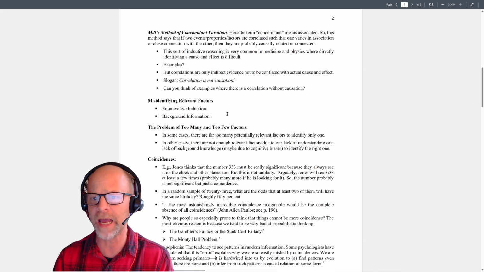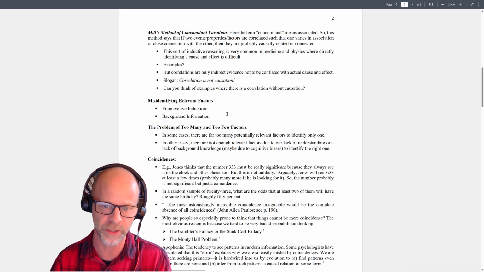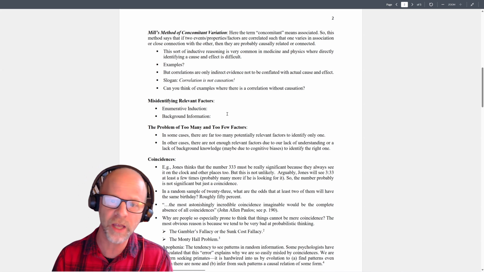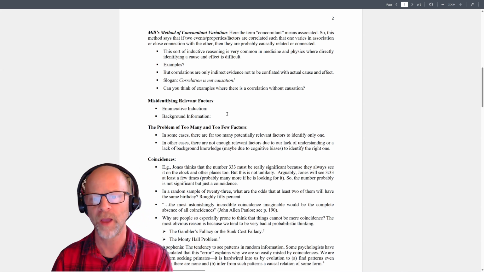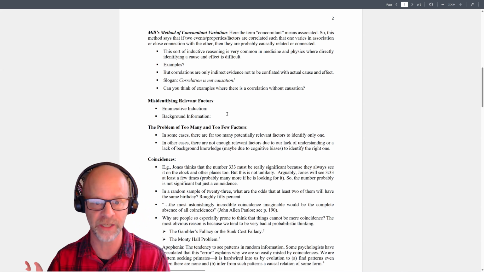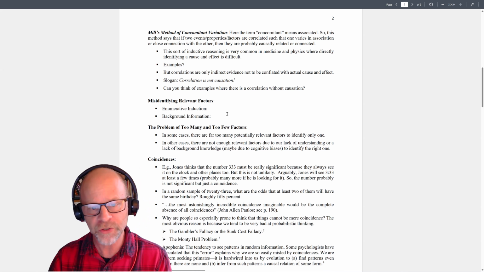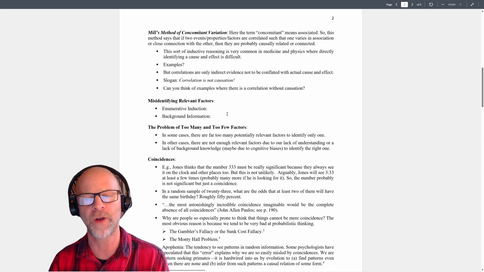In fact, this does happen with analogical induction as well, where maybe it looks like we've got a good analogy, but when we dig into things a little bit deeper, it turns out that there are disanalogies that we need to pay attention to. But there are also ways in which we can misidentify relevant factors that are based upon the background information that we have.